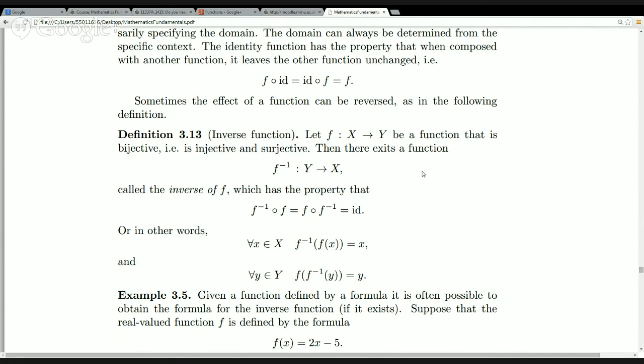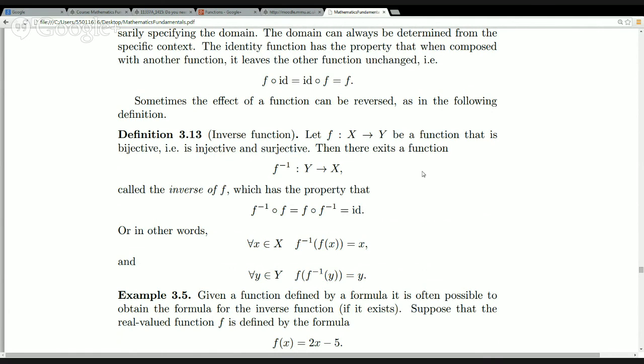So if each element in the codomain y only has one arrow coming into it, that's being injective. And secondly, every element in the codomain has some arrow coming into it. Then the picture for f inverse is simply reversing all the arrows. So if I draw f inverse in red, the function f inverse is just the function you get by reversing the direction on all the arrows.